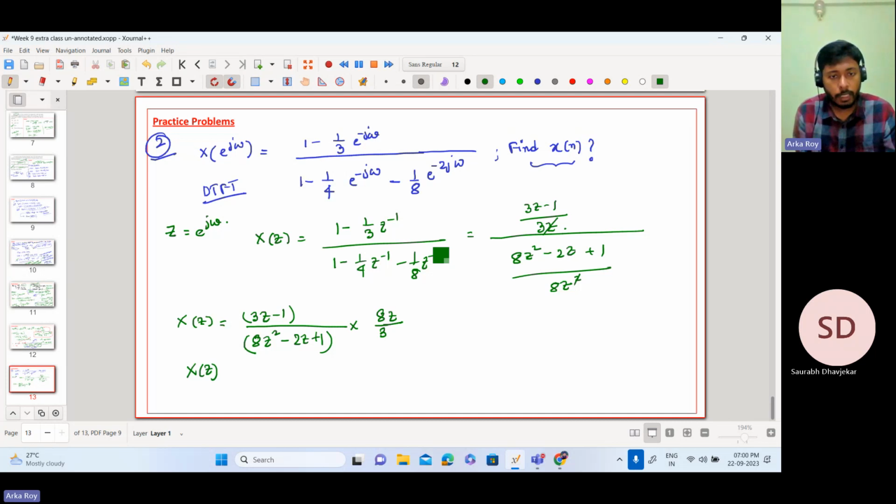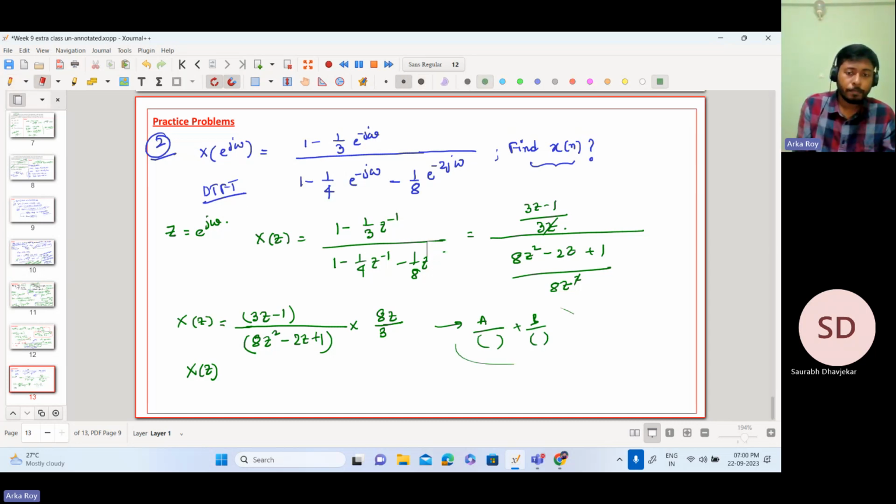So let me tell you a trick. What is the catch? Many of the people start doing this thing: a divided by some factor, b divided by some factor, and then they start solving the rationalization part. But when z comes in the numerator, it is always better to transfer this z to this side.